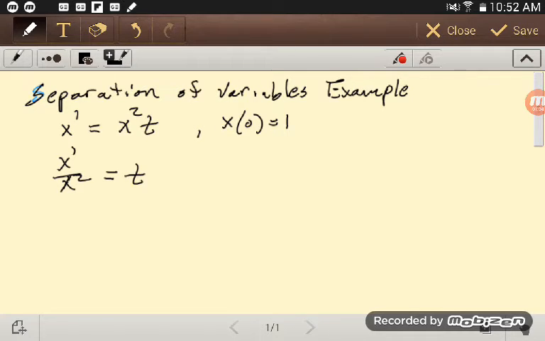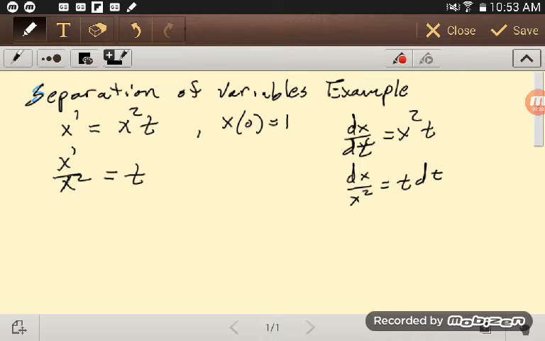And now, if I multiply both sides by dt, this is where we can change it to a dx and a dt. So if I wrote this as dx dt equals x squared t, what you'll see many people do, and even some authors, is they'll end up writing this as dx over x squared equals t dt.